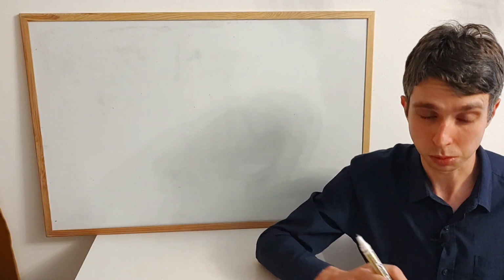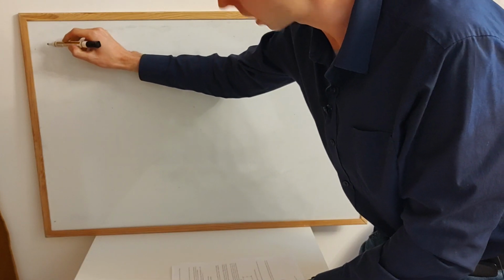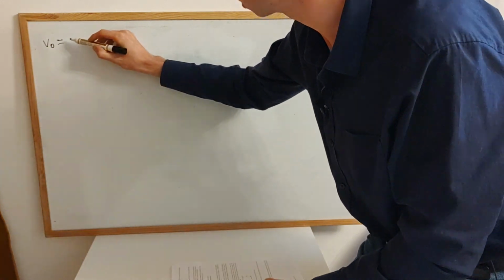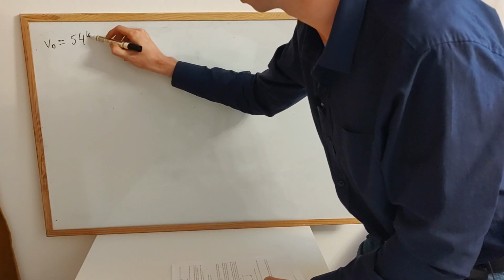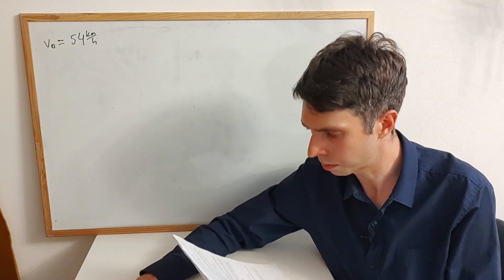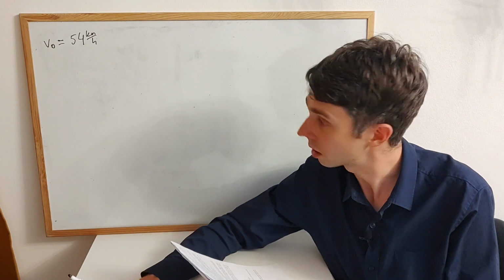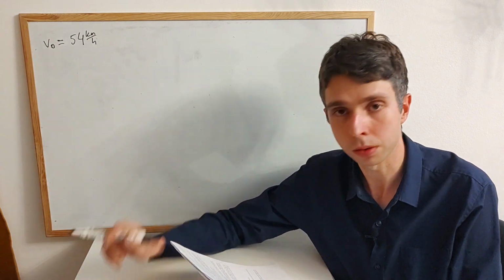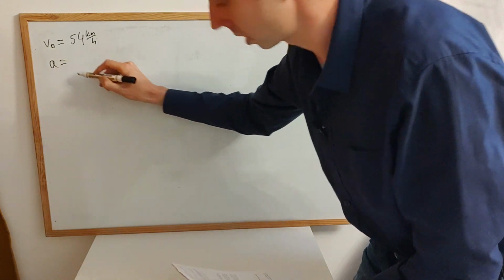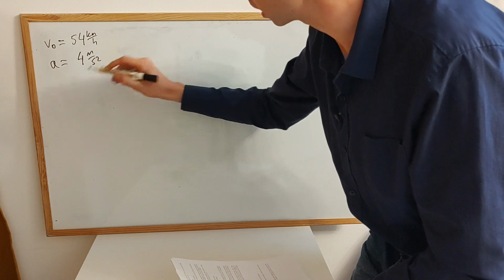So let's start with writing down the data, what we have. The initial speed V0 is 54 kilometers per hour. We are supposed to calculate the final speed also in kilometers per hour, but the deceleration is 4 meters per second squared.